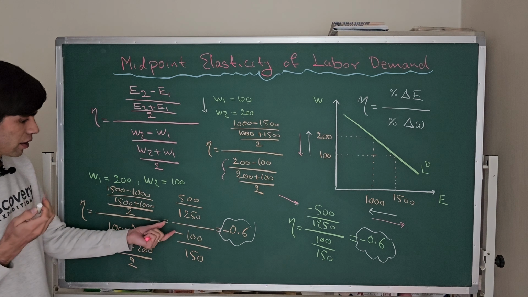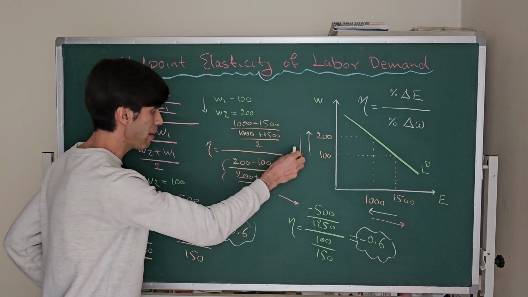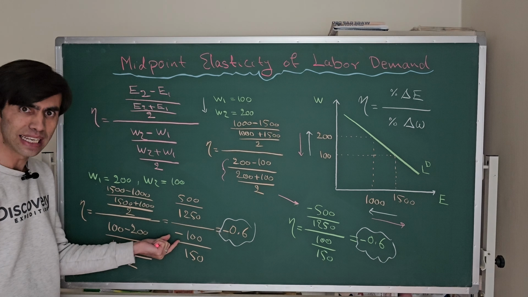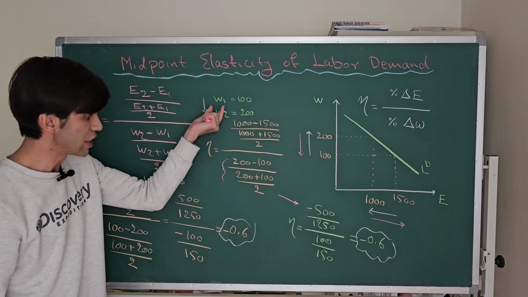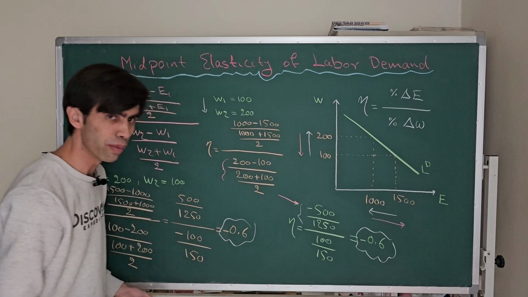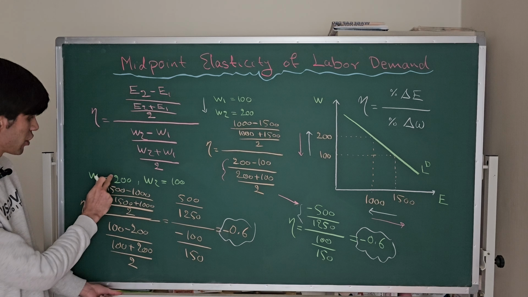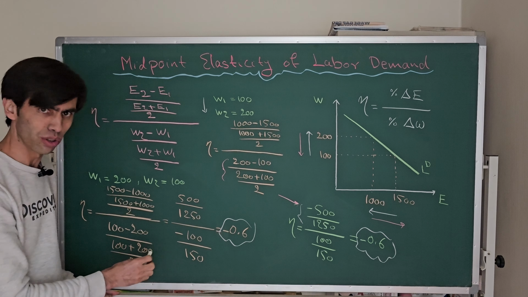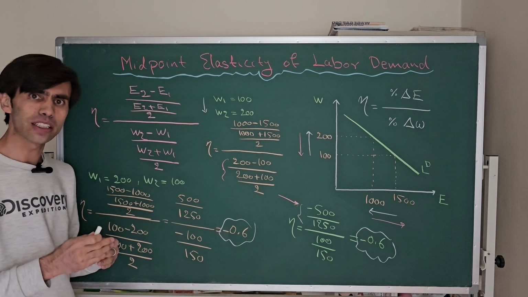Again, we will have exactly the same result as we had before. The only difference between moving down and moving up is the place of the negative sign. When the wage rate moves up, we have the negative sign in the numerator. But when the wage rate declines, the negative sign is in the denominator. So the only change is the place of the negative sign.